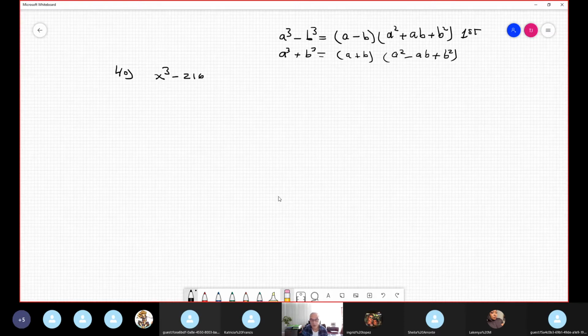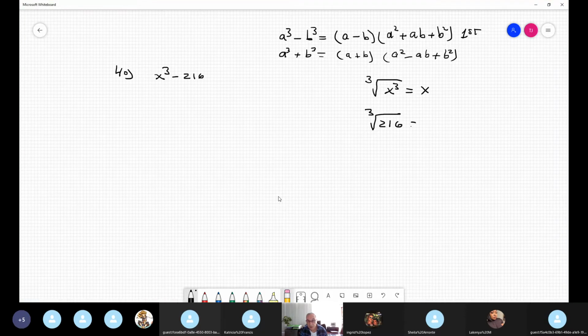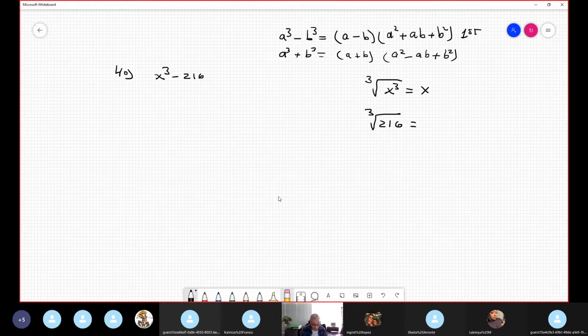Entonces, in one corner of the piece of paper, I compute the cubic root of x cubic. Que es obvio que es x, yes or no? And the cubic root of 216. Entonces, in this case, we need calculator because it's not obvious, right?